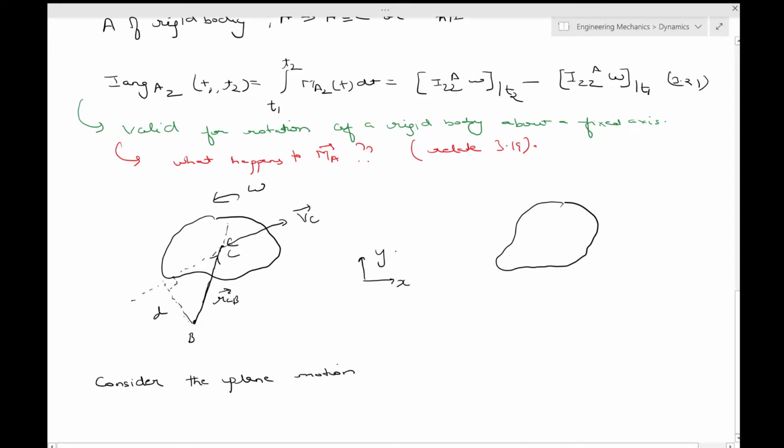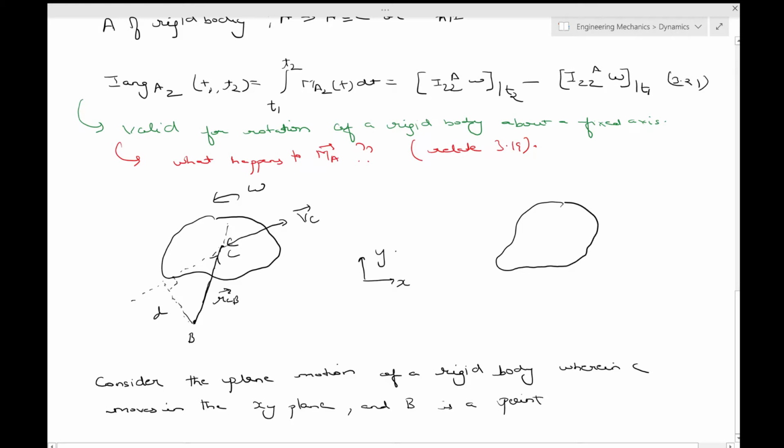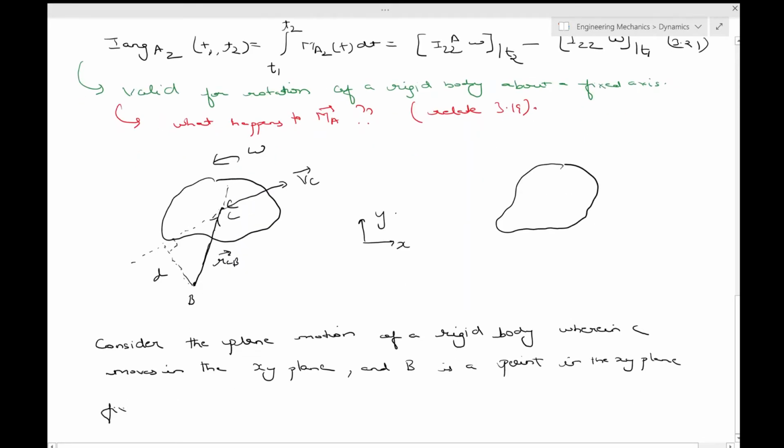Now consider the plane motion of a rigid body wherein C moves in the xy plane and B is a point in the xy plane, clearly not on the body, fixed in I.